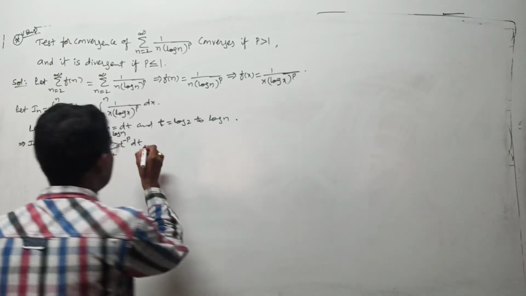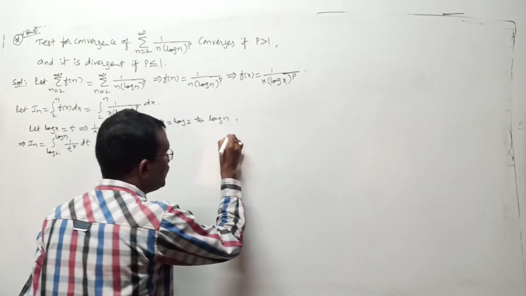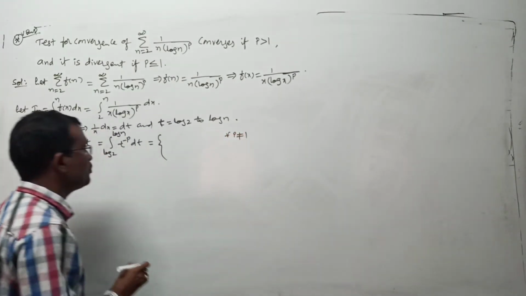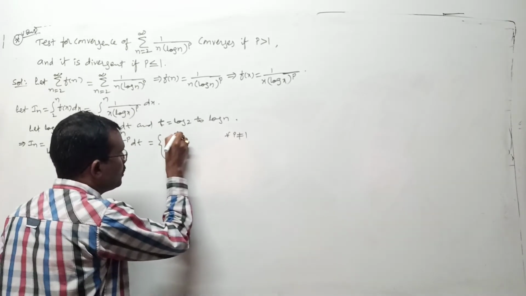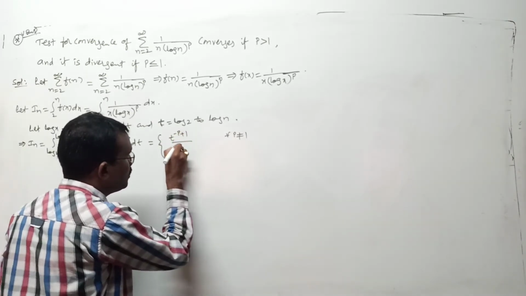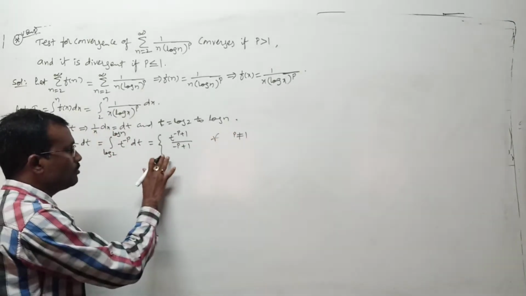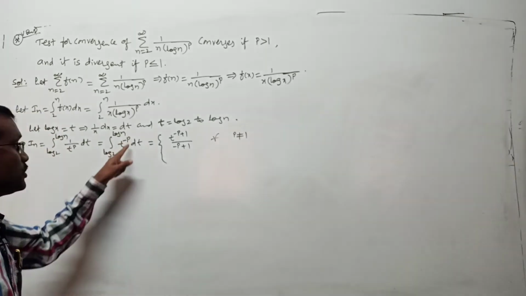One situation, which I am writing clearly, is whenever p is not equal to 1, ma. Then the integral of t power minus p is t power minus p plus 1 by minus p plus 1, for all p not equal to 1, ma. If suppose p equal to 1, ma, then t inverse means 1 by t.